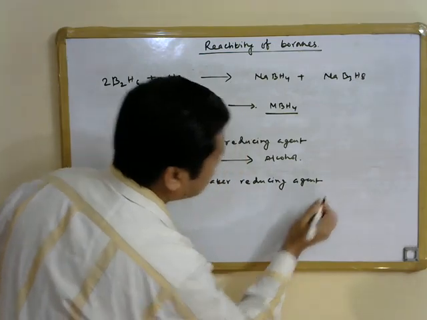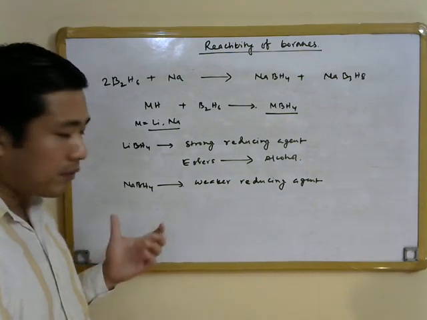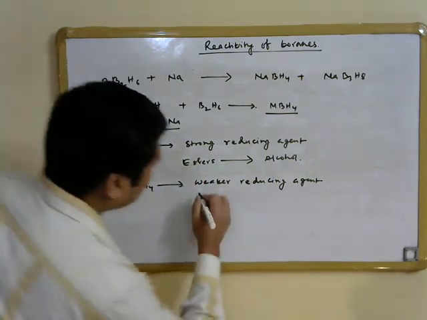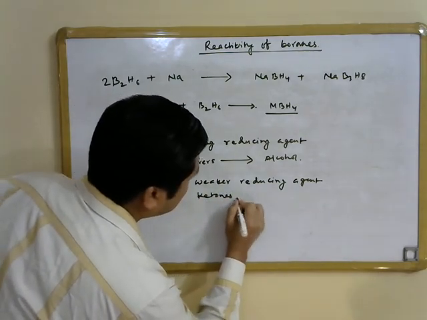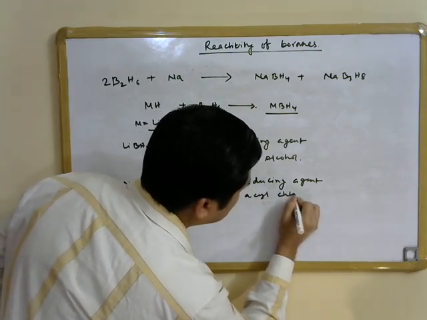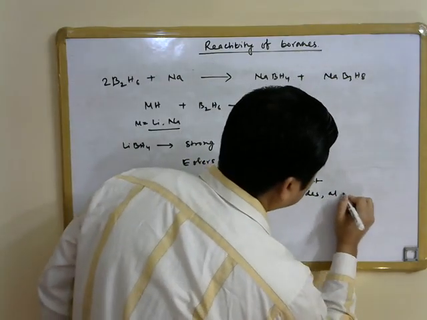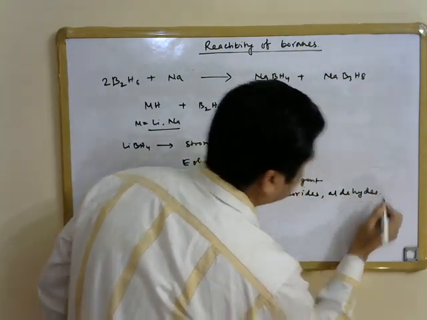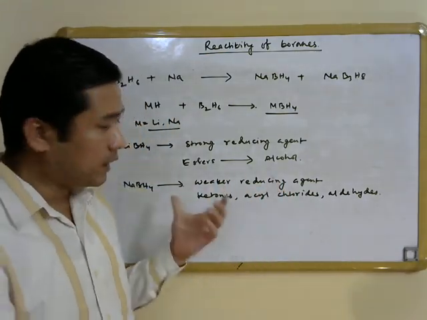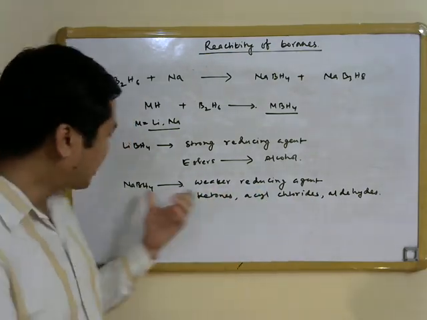And this is important from the point of view of chemoselectivity, because sodium borohydride can reduce a carbonyl functionality like ketones, acyl chlorides, as well as aldehydes, while it is not going to attack other functionalities present in the substrate, and that is why we can chemoselectively reduce these functionalities by using sodium borohydride.